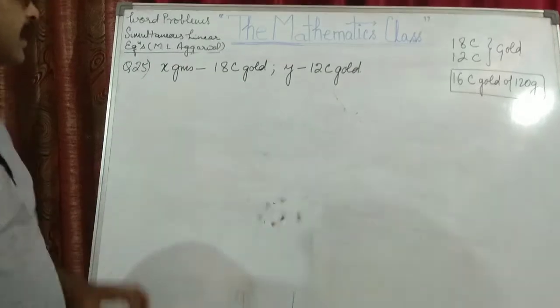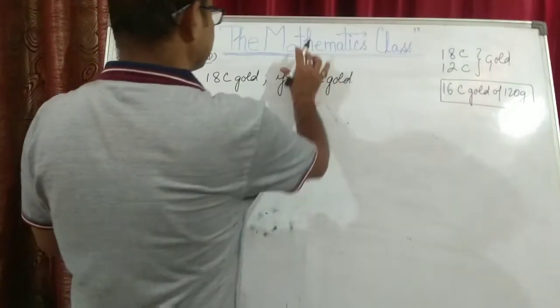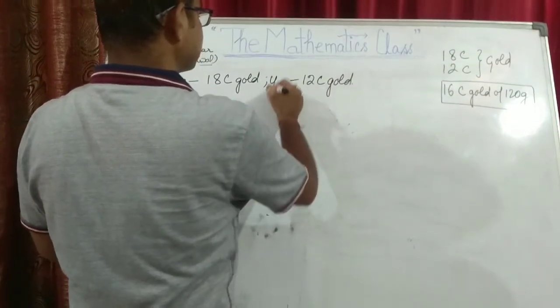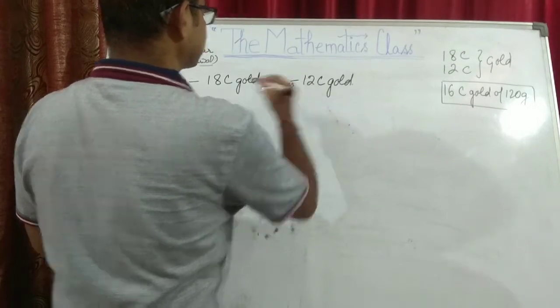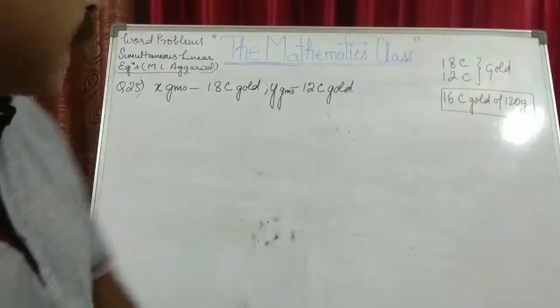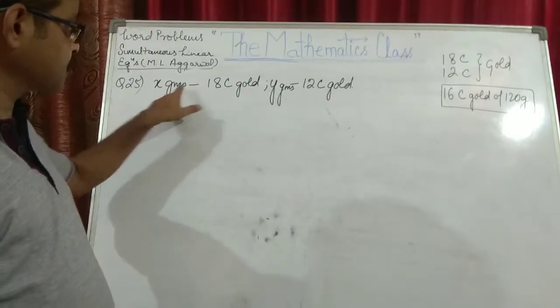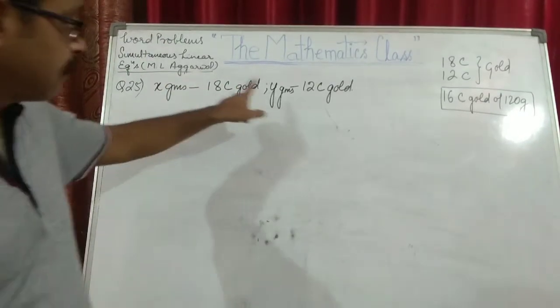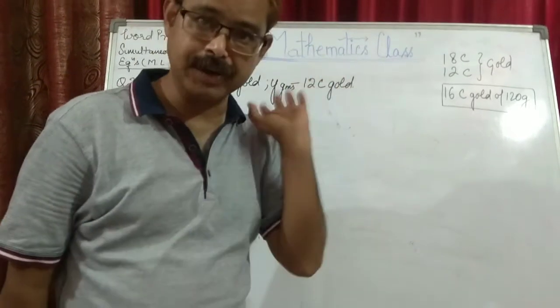Let us assume that the gold the jeweler has is X grams of 18 karat gold and Y grams of 12 karat gold.